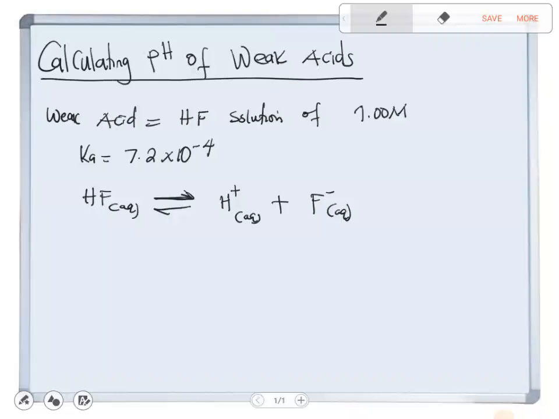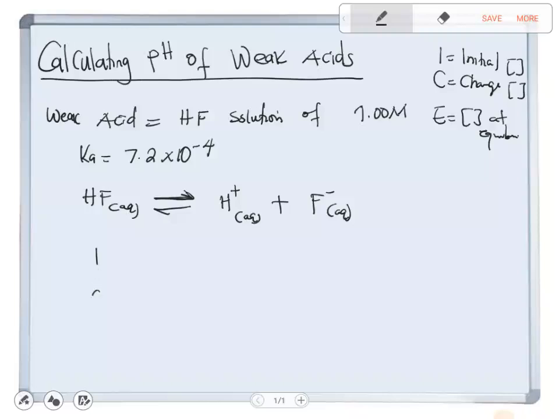The word I stands for initial, C stands for change in concentration, and E is concentration at equilibrium.